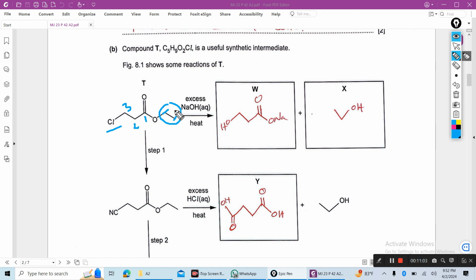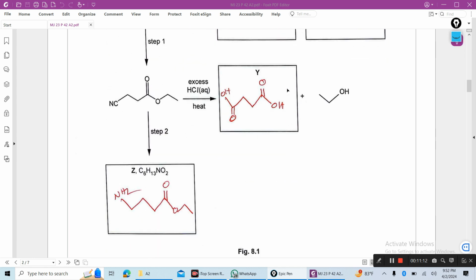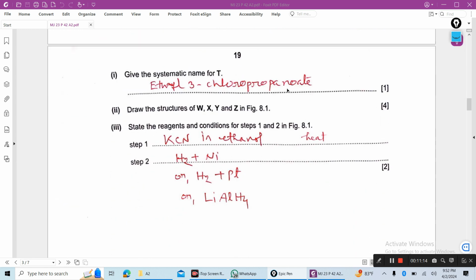So the systematic name of T will be ethyl 3-chloropropanoate. This is the one. Number 2 I already discussed.